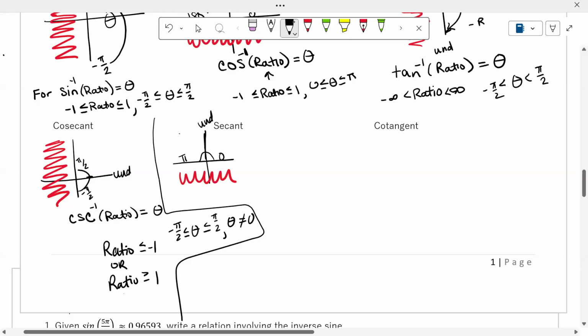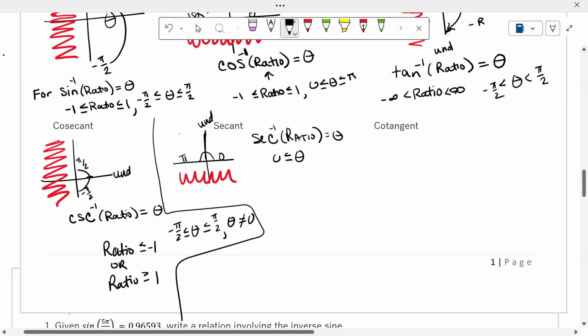It's undefined. So for an inverse secant, theta, I can run it the same way I did it for cosecant, like with inequalities, but I could just do it a little bit different notationally. See if this makes sense to you.